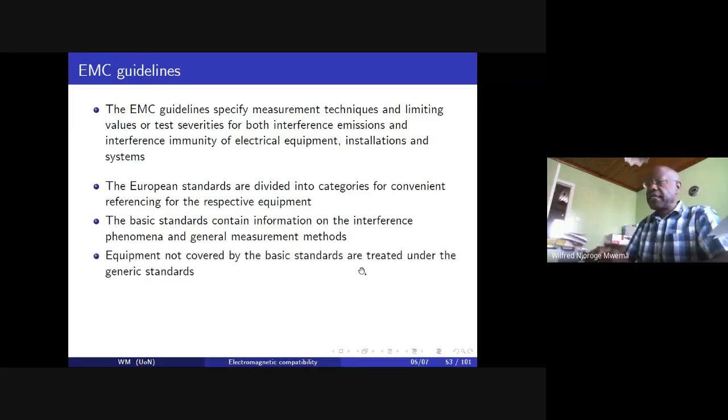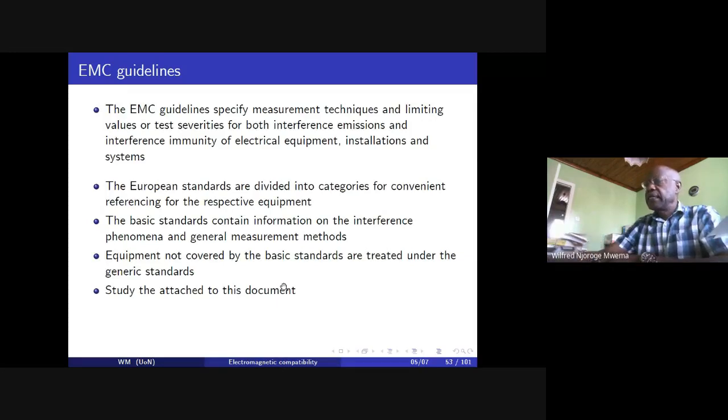So the equipment that is not covered by the basic standards is then treated under what we call generic standards. That is, the generic standards will borrow some of the standards there and specialize them for those particular equipment.